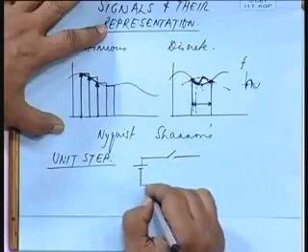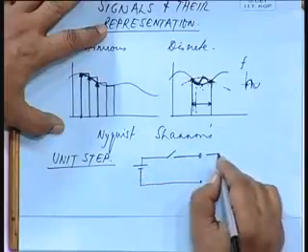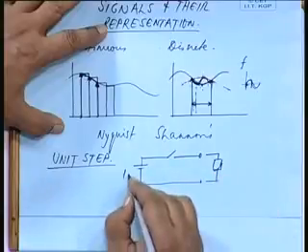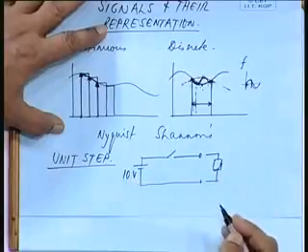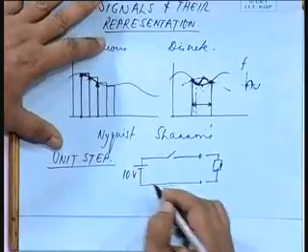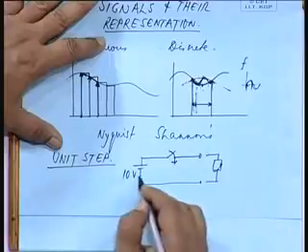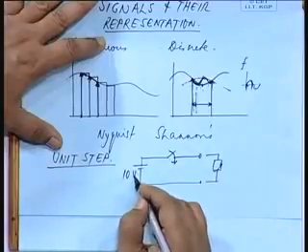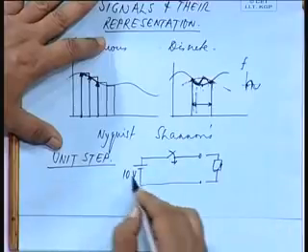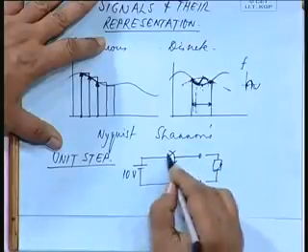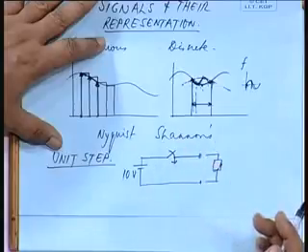Suppose you have a battery of some fixed source voltage, 10 volts, and you are switching it on. If the battery is an ideal one, then there is no internal drop. A 10 volts supply will appear here after the switching instant, and that remains constant.